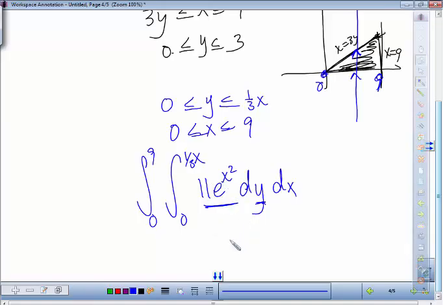So this is going to have some y in it, and then you're going to replace it with x. And then now your second integral will have an x in it, and you can do a u substitution. Okay? All right, this is doable, and the other one was not. So that would be a good reason to switch the order of integration. So you need to know how to switch the order of integration.